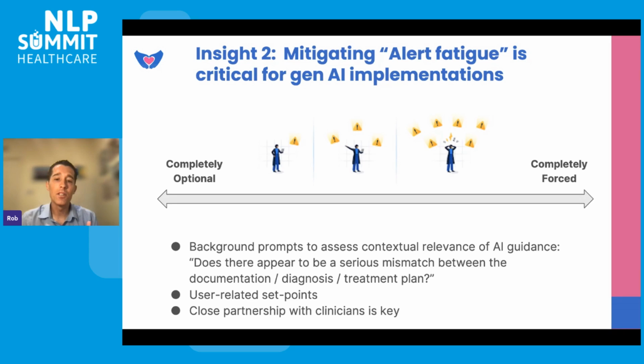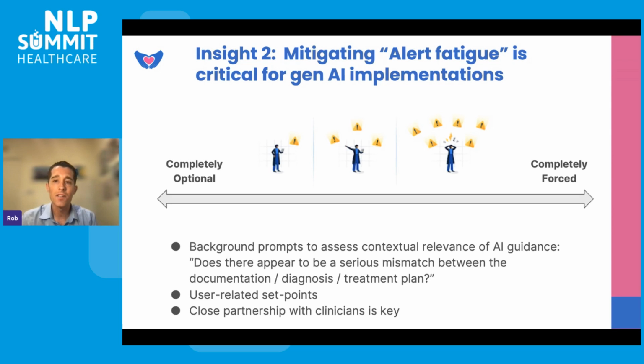What we're really aiming to do going forward is to find this middle ground where the alerts do come and the AI consult is used more and more often, but it's used in the most relevant cases. A great example of what we'd love to do is to use a background prompt to assess the contextual relevance.